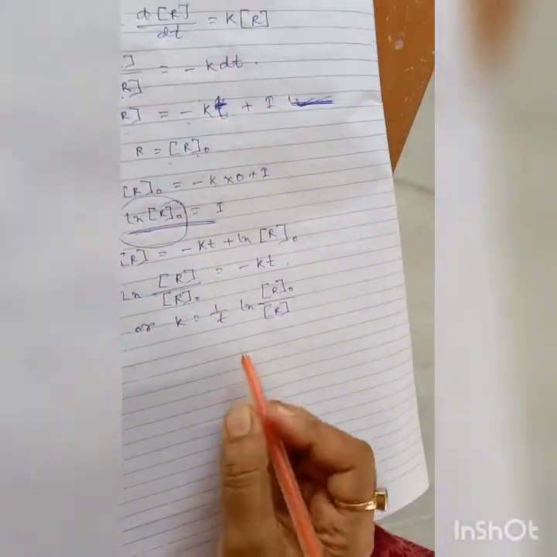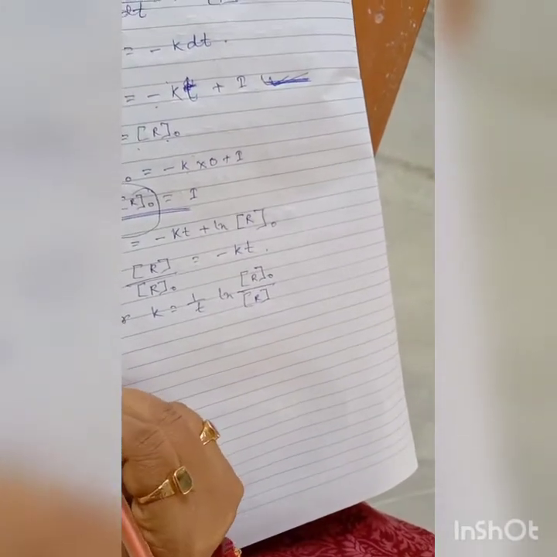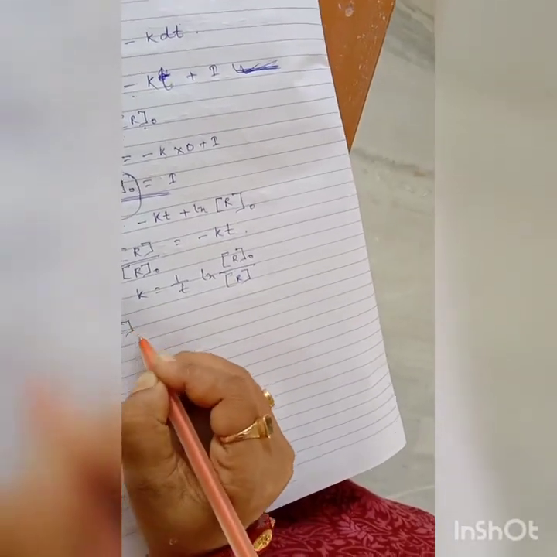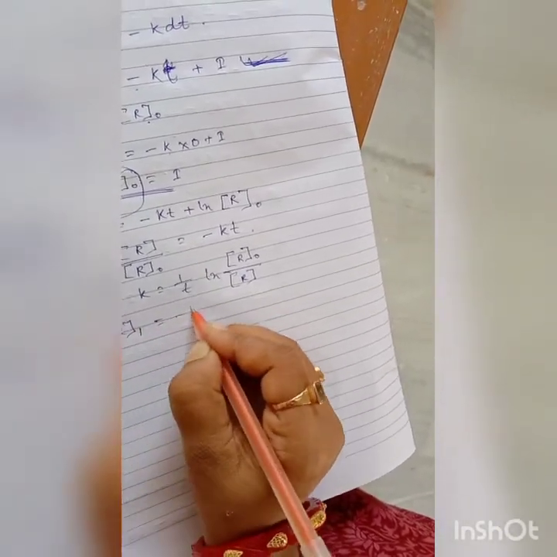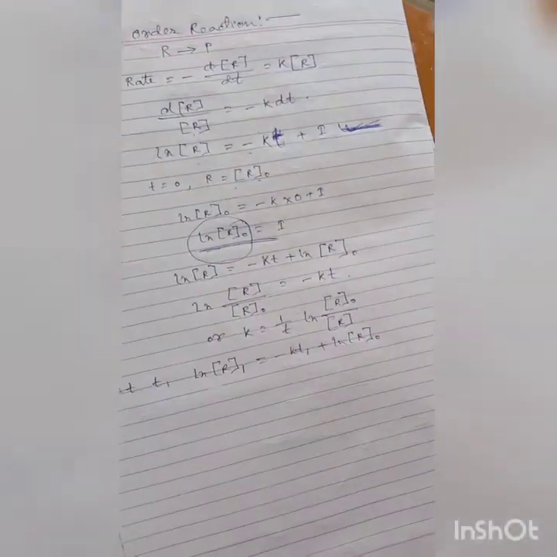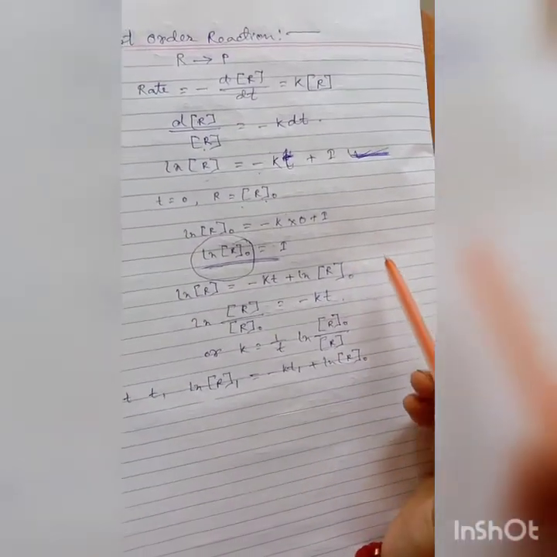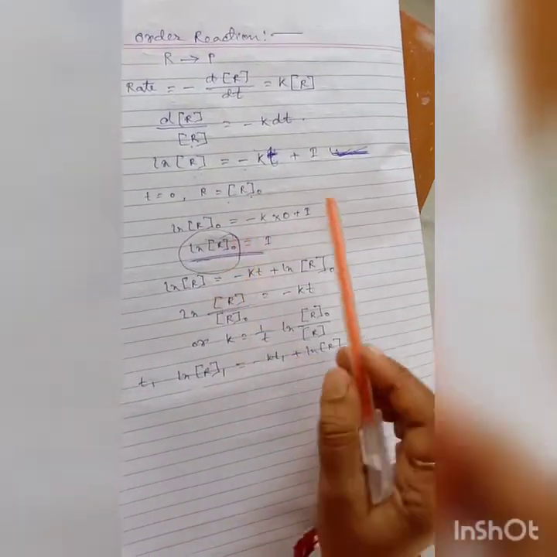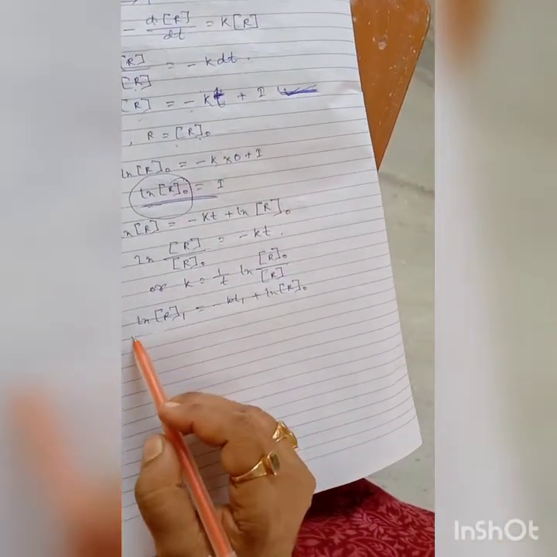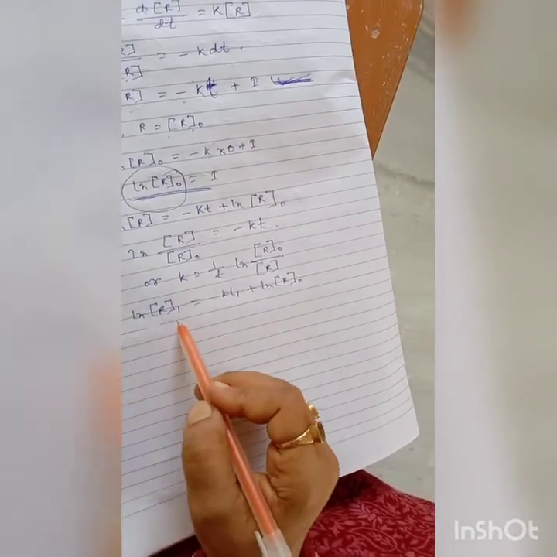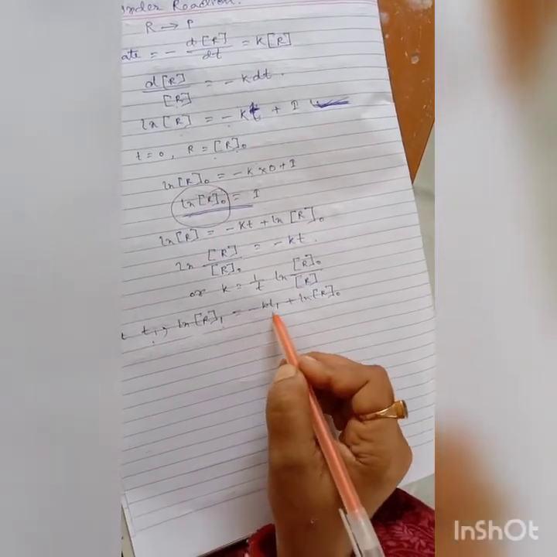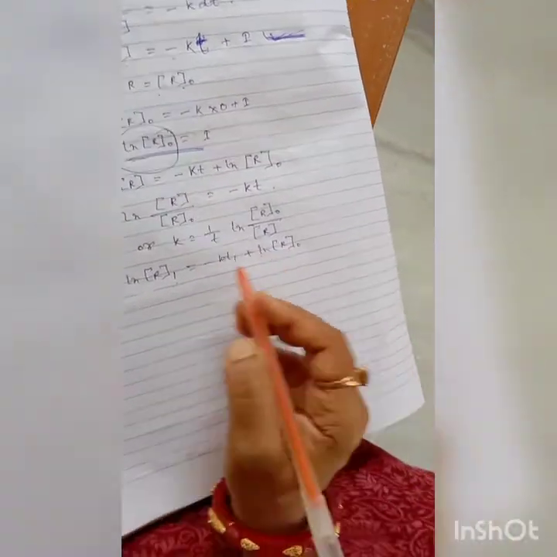At time t1, ln R1 equal to minus kt1 plus ln R0. In this equation, if we place the value of t1 and R1, we get ln R1 equal to minus kt1 plus ln R0.